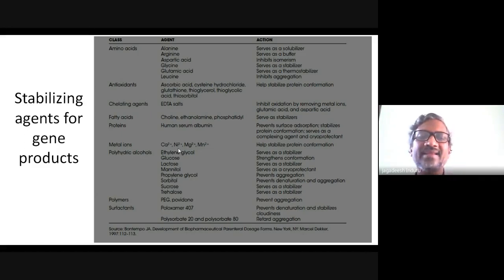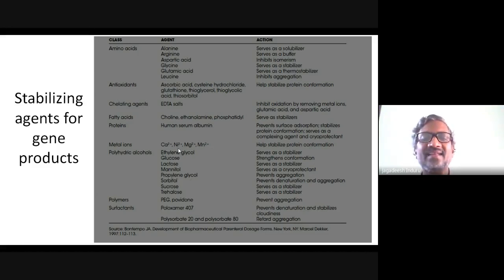If the drug you are using is hydrolytic in nature, you cannot dispense your injection in the form of a pre-filled liquid dosage form. You need to give a freeze-dried product which already contains a cake.